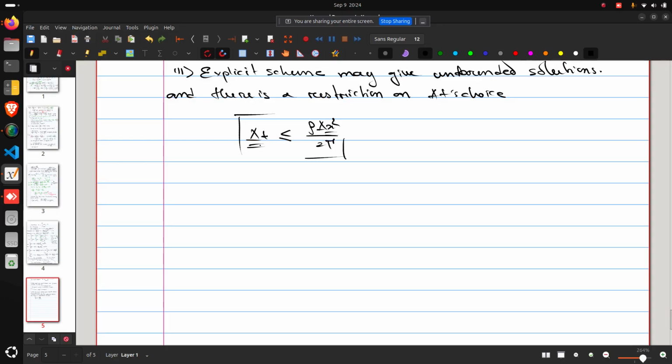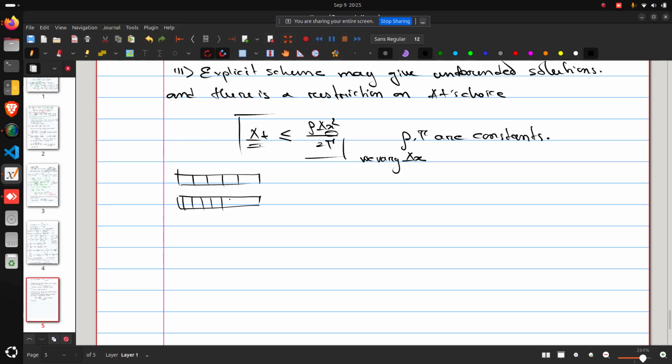For example, if rho and gamma are constant and we vary delta x, say we did one simulation with 4 or 5 cells and now we want 8 or 10 cells, then the new delta x will become delta x by 2.